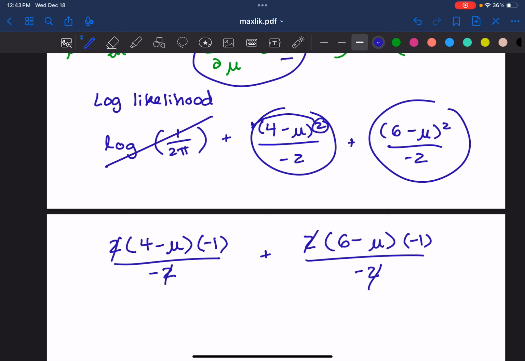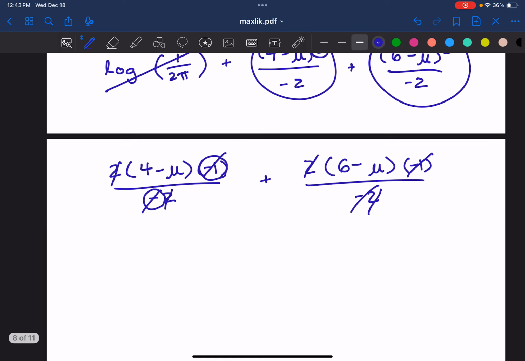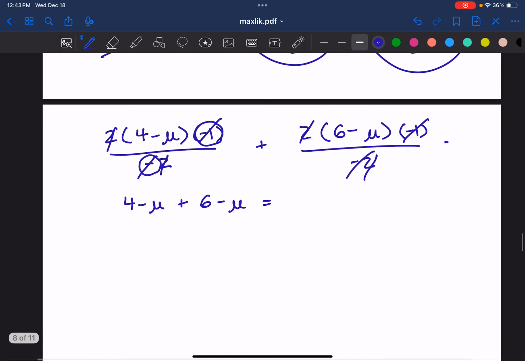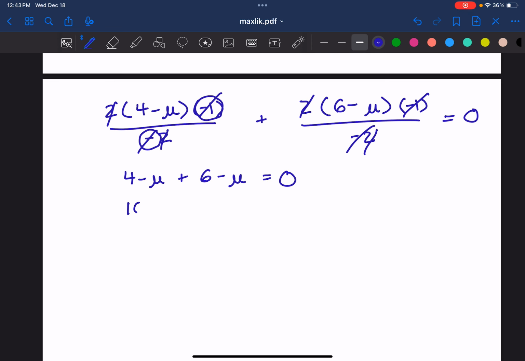And you can also see I'm multiplying by a negative and then multiplying by a negative again, so that cancels out. So what I'm left with is just 4 minus mu plus 6 minus mu. And I took the partial derivative with respect to mu, and I'm going to set it equal to 0. Simplifying a little bit more, I get 10 is 2 mu, or mu is 5.